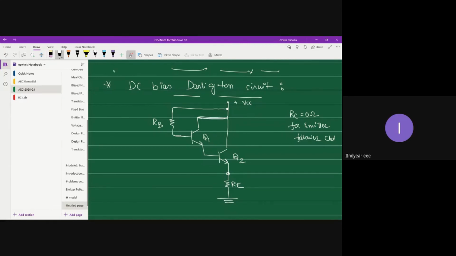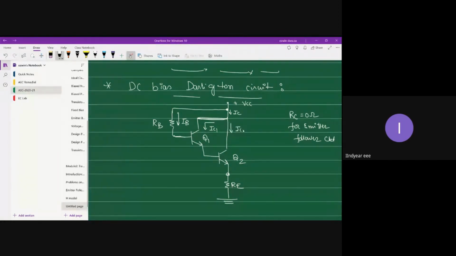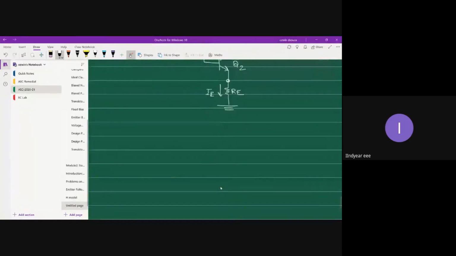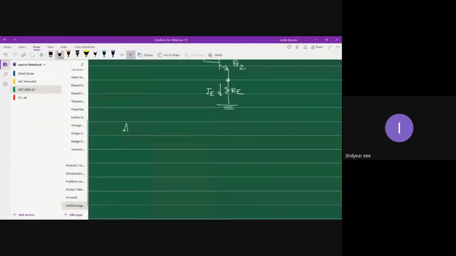Now let me mark the current directions. Base current IB. Collector current IC. This collector current IC splits into two, IC1 and IC2. And in the end, you have IE. Apply KVL to the base emitter loop.